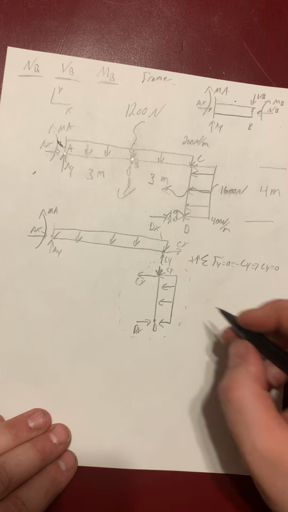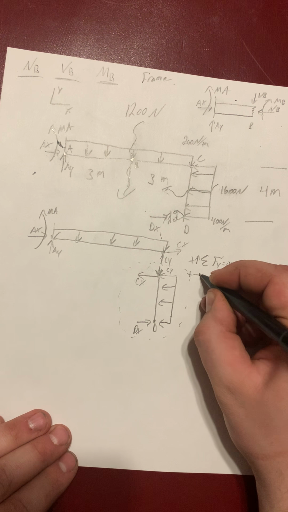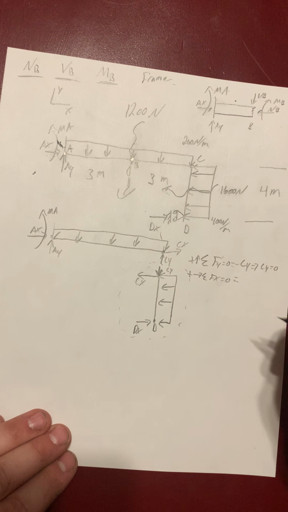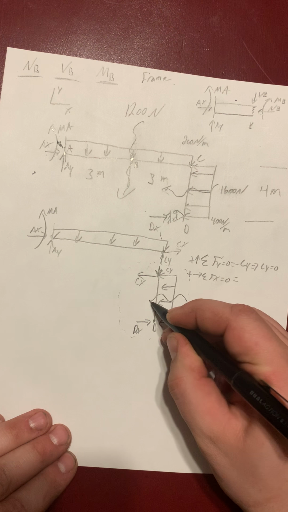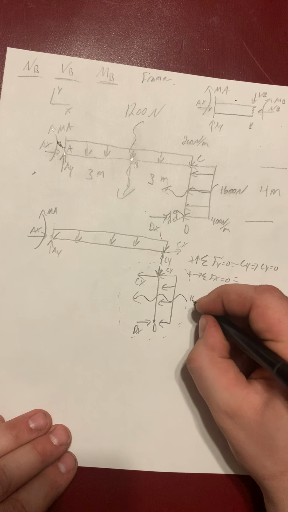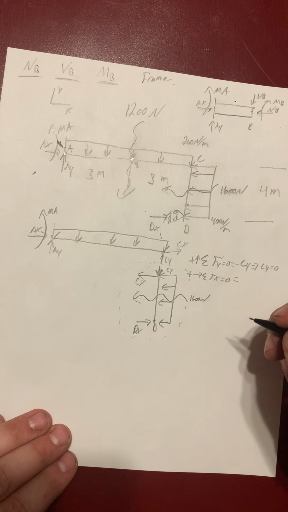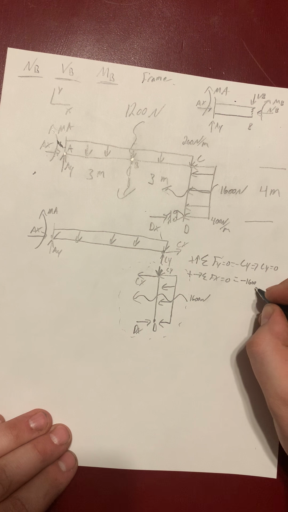All right. So now let's do the sum of the forces in the x. What do we got? Well, we have this distributed load, which is simplified into 1,600 newtons, right? And if 1,600 newtons is going to the left, that's negative 1,600, right?